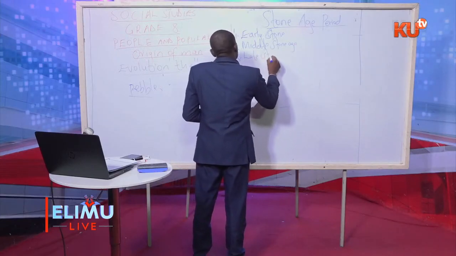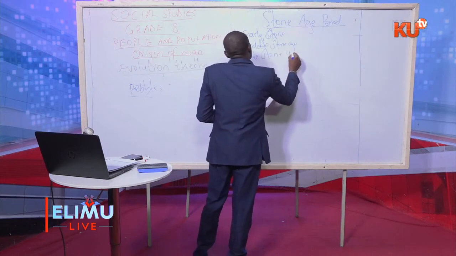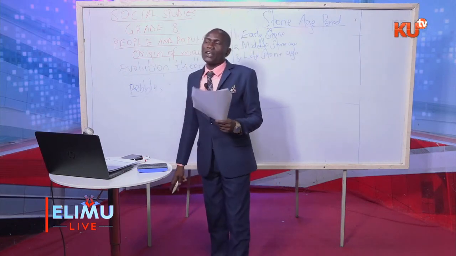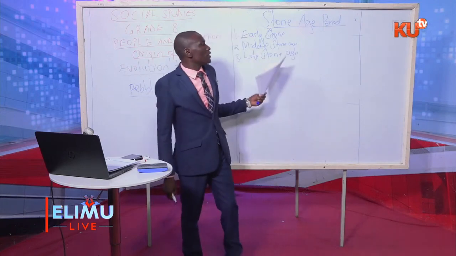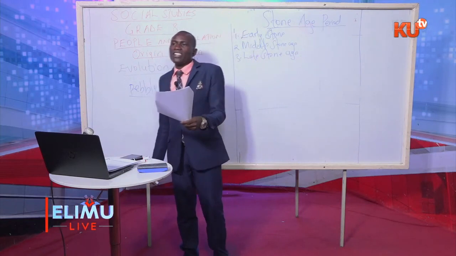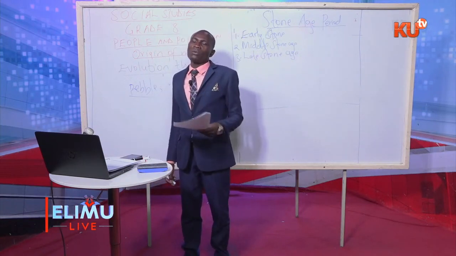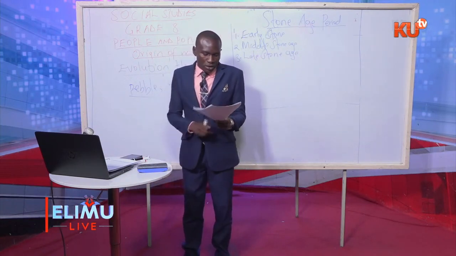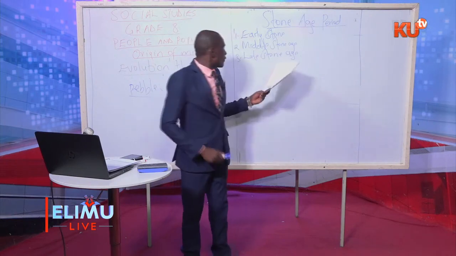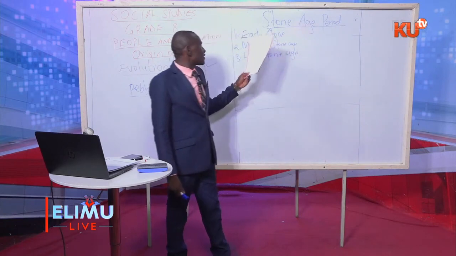And the last one, we have the Late Stone Age. So these are stages found in the Stone Age period. Then from here we will now develop a format. We see where Homo erectus belong, where Homo sapiens belong, and all those stages.